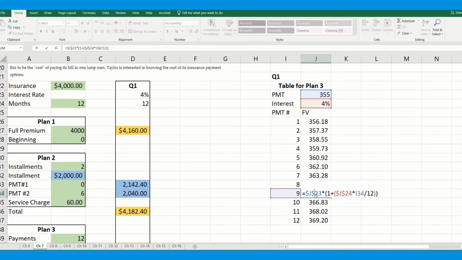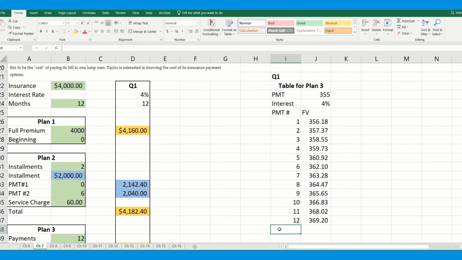So my payment number 9 moved forward only from 9 to 12, so 3 months, and my payment was still $355 and my interest rate was 4%. So now I will use the word total in here, and I'm just going to use an auto sum and sum up the future value of all those payments.